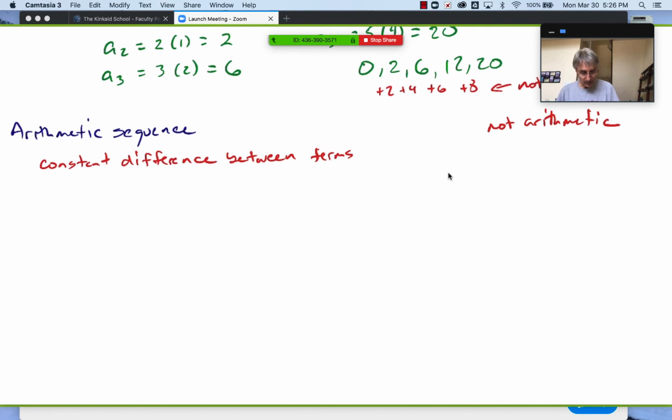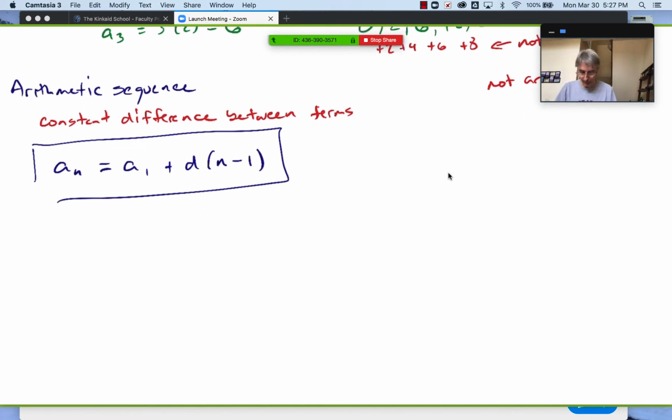The formula for an arithmetic sequence is always going to be that the nth term equals a sub 1, which is the first term, plus the constant difference times n minus 1. So that's sort of an important formula for us.